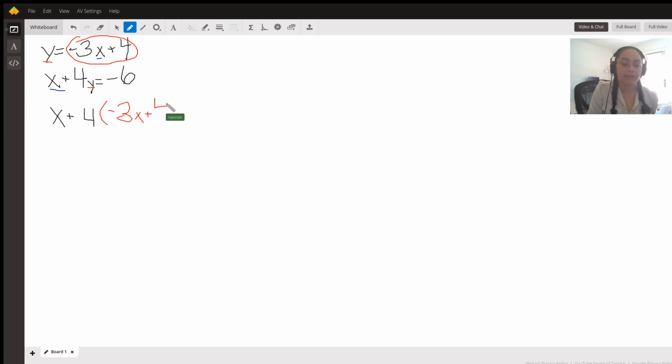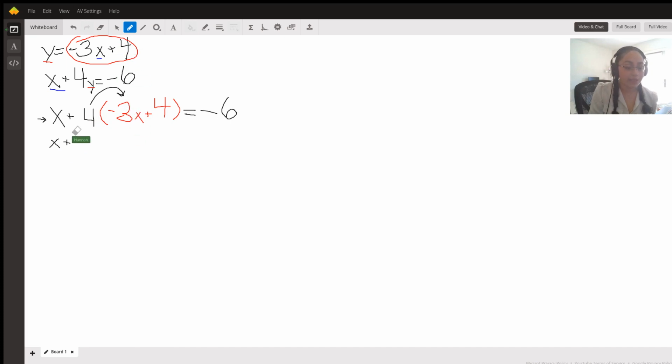You should always put this in parentheses, and we're going to bring down the rest of the equation just as is, equals negative 6. So the next thing we're going to do is simplify this equation. To simplify, let's distribute the second part. So x plus, let's distribute the 4 into negative 3x.